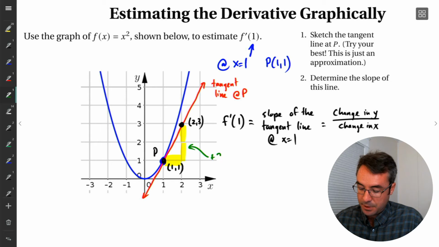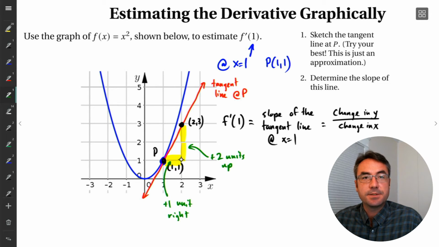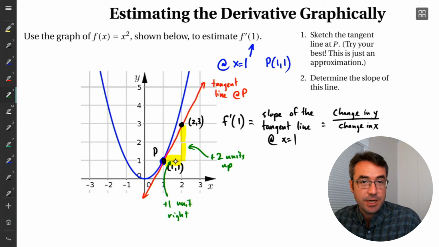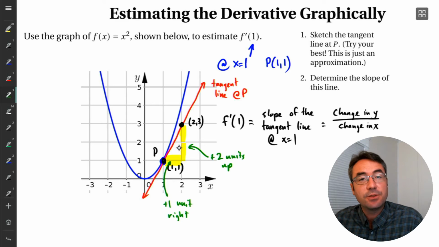So plus 2 units up, and then plus 1 unit to the right. So when we move to the right, that's a positive change in the x direction, and we've moved 1 unit. And then when we move 2 units up, that's a positive change in the y direction. So we're going up 2 units.